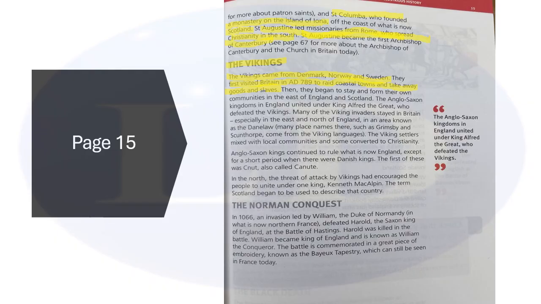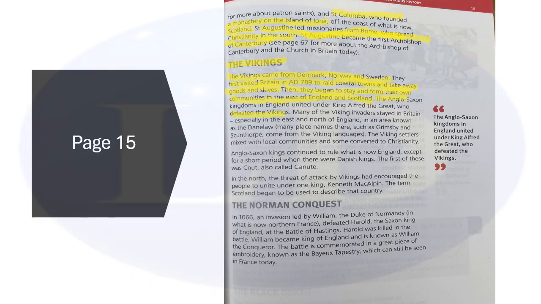Then they began to stay and form their own communities in the east of England and Scotland. So after some time, they thought, okay, every time we come here, we plunder and we go back. Why not stay here? Because this is a rich country, so let's stay here. So they started staying in the east of England and in Scotland. The Anglo-Saxon kingdoms of England united under King Alfred the Great, who defeated the Vikings.